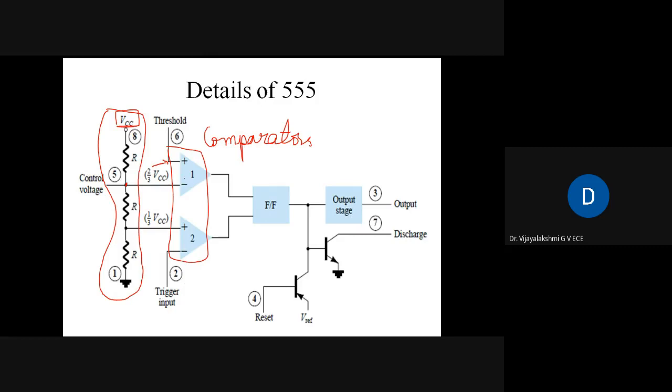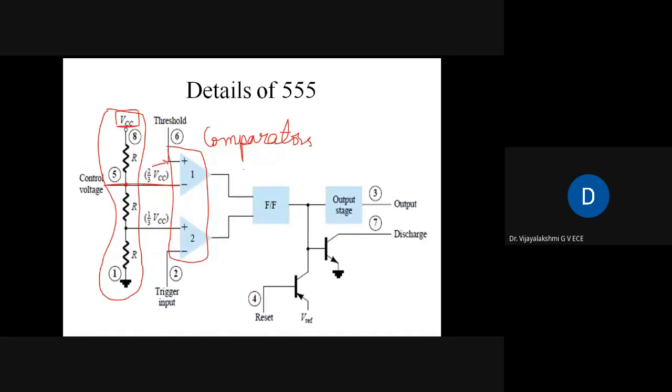For comparison, one input is 2/3 of VCC and the other input is the control voltage. Fine. One is the voltage we get from this voltage divider network, 2/3 of VCC, and the other input is the control voltage. And the second comparator compares 1/3 of VCC with the trigger input. Okay, so this is about the comparators.